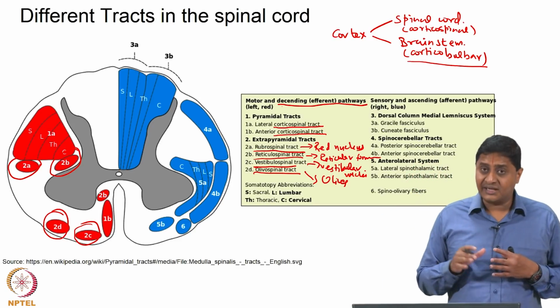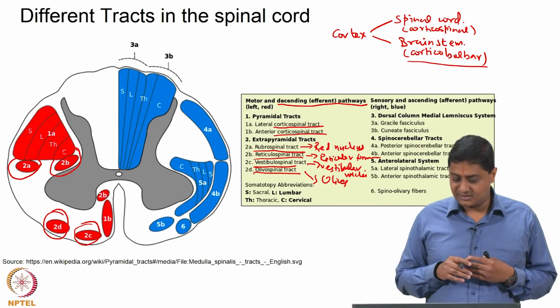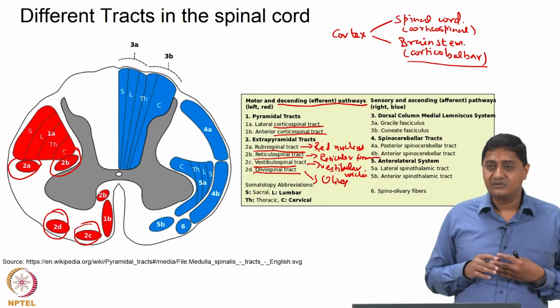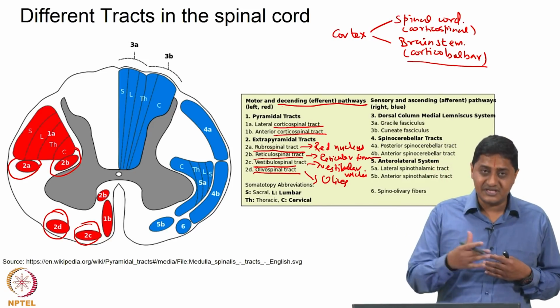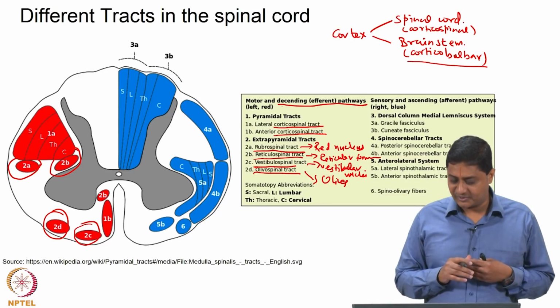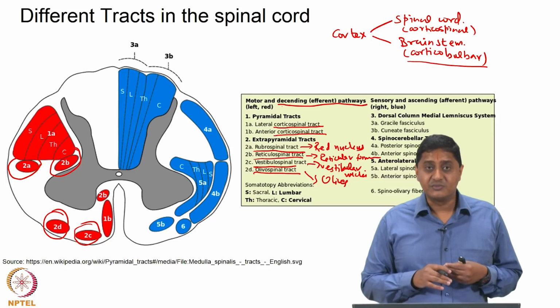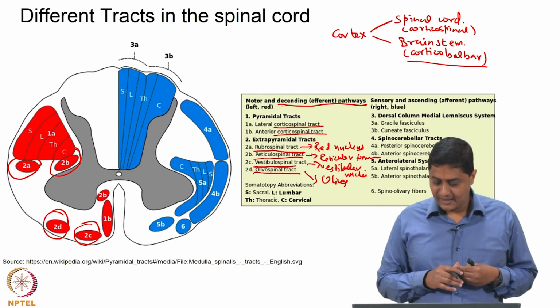If they originate at the subcortical structures and terminate in the spinal cord, these are called the extrapyramidal tract. These are basically those that originate in the red nucleus, the rubrospinal tract, those that originate in the reticular formation, the reticulospinal tract, those that originate in the vestibular nuclei, the vestibulospinal tract, and those that originate in the olives, the olivospinal tract.